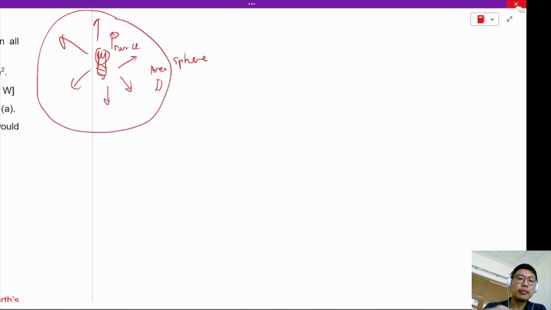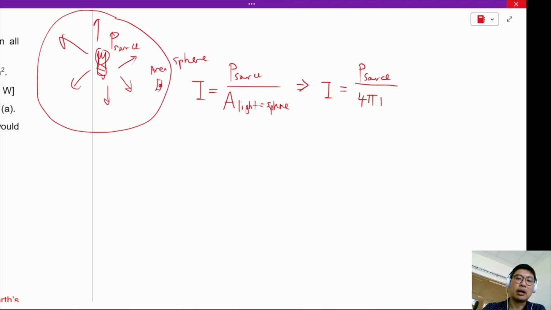The intensity at this point is equal to the power of the source divided by the area of the entire shape of the light. The area of the light is a sphere. So the intensity will be given by the formula power of the source divided by 4 pi r squared, where r is the distance from here to here. This distance is r, the radius of the sphere of light.